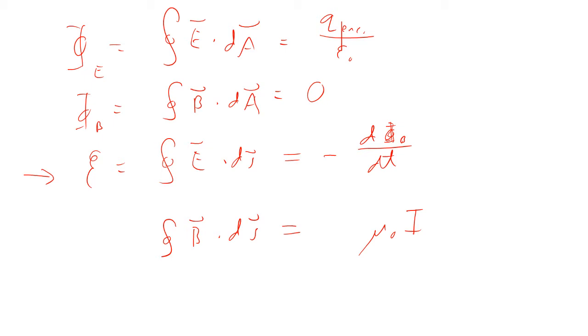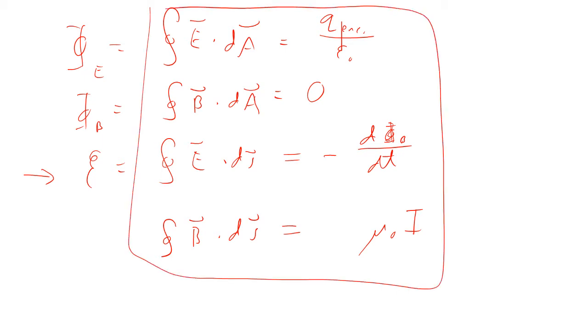Okay, and so we look at this and we say, okay, so we got Ampere's law right here. And so these equations became very interesting to a Scottish physicist by the name of James Clerk Maxwell, living in the 1800s.